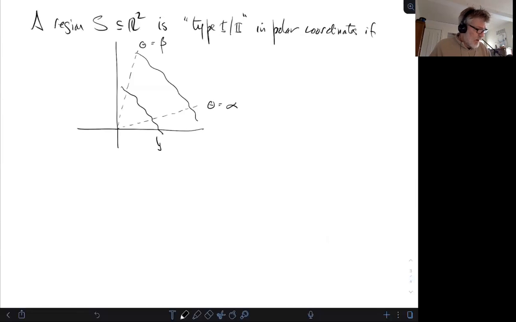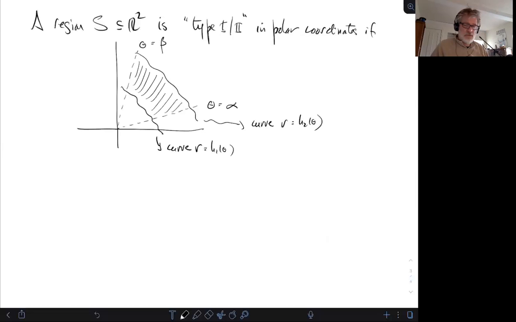So this is the curve r equals h1 of theta, and this one would be the curve r equals h2 of theta. And the region is everything here.